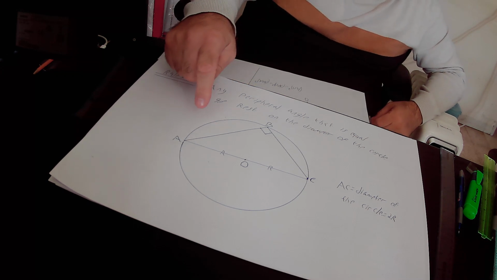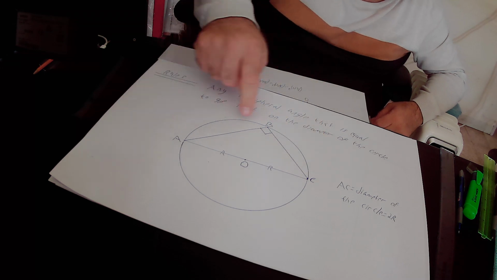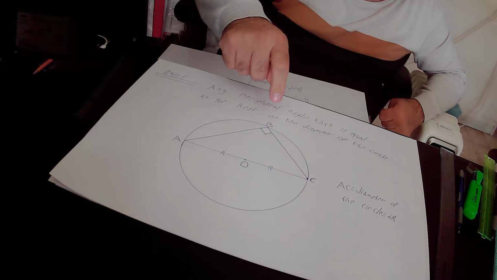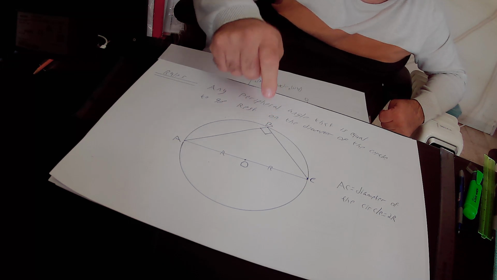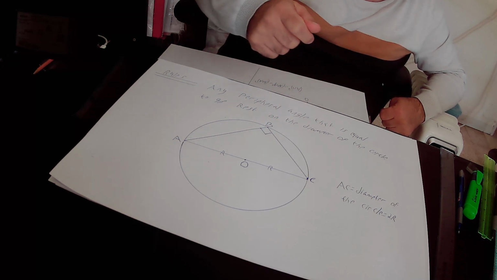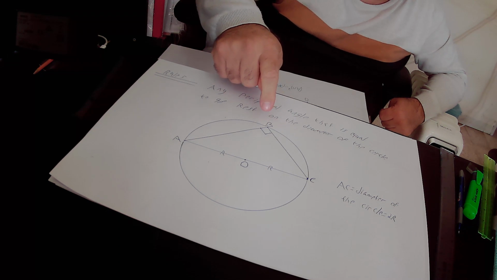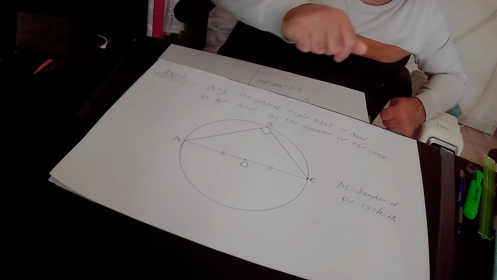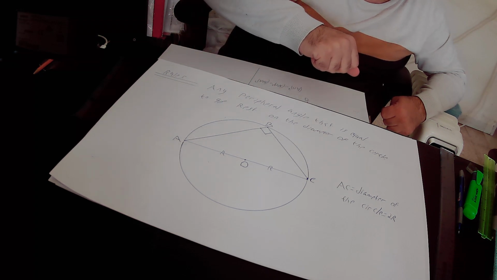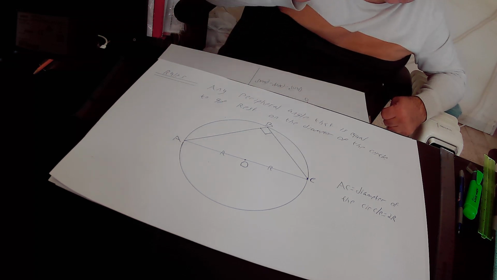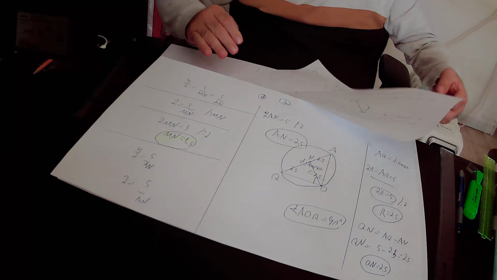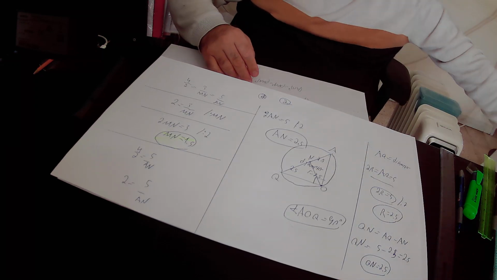This is peripheral angle ABC, that is equal to 90 degrees, and because the peripheral angle equals 90 degrees, it must rest on the diameter of the circle, AC. AC is the diameter. Any peripheral angle that is equal to 90 degrees must rest on the diameter of the circle. Very simple. So we implemented rule number 5 in our drawing.